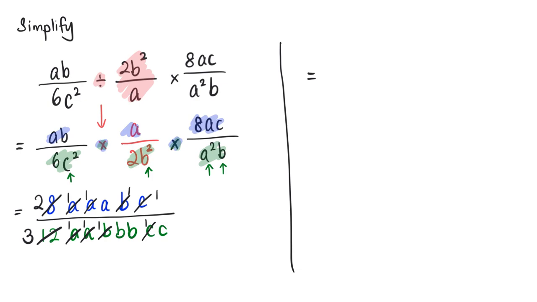And my final answer would be, for the numerator is 2 times a, 2a, over, my denominator would then be 3, b times b, b power 2. Not forgetting the last one, c. There's a c down there.